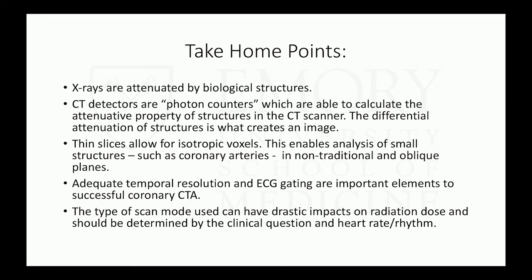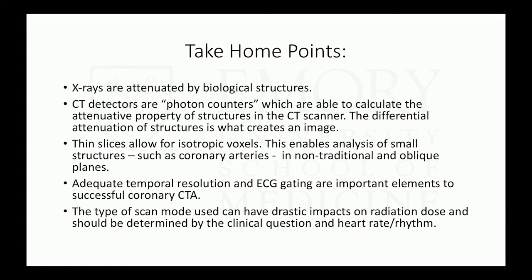And so my take-home points from the CT basics and fundamentals is that X-rays are attenuated by biological structures. Our CT detectors are the photon counters, which are able to calculate the attenuative property of structures in the scanner, and that differential attenuation of structures is what gives us images. Thin slices allow for isotropic voxels, which enables us to analyze small structures like coronaries through non-traditional and oblique planes.